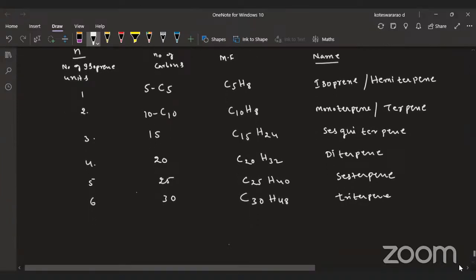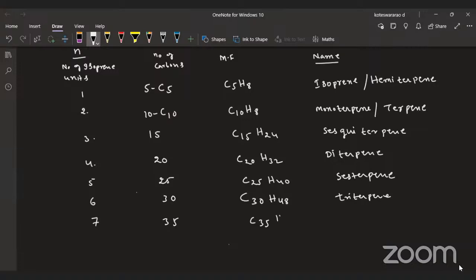Next, the last one. You can also name several up to 50, 60 also, but I am leaving it here. Almost 40 is the biggest terpene, which we are going to cover last. C40, H64, tetraterpene.